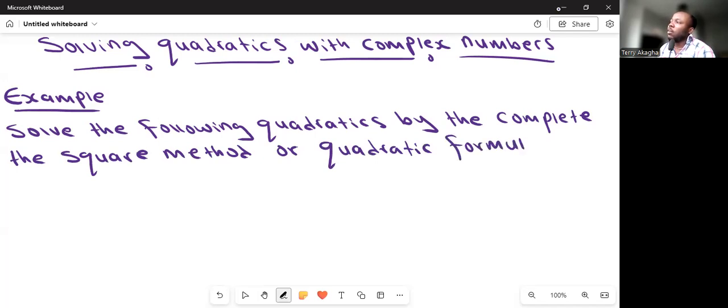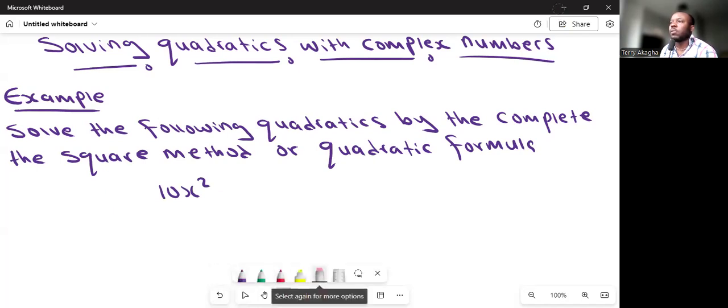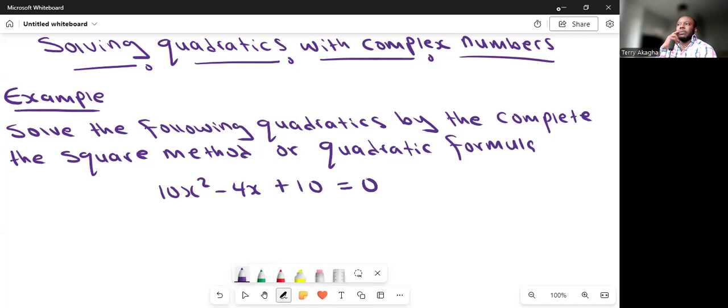We have 10x squared minus 4x plus 10 is equal to 0.